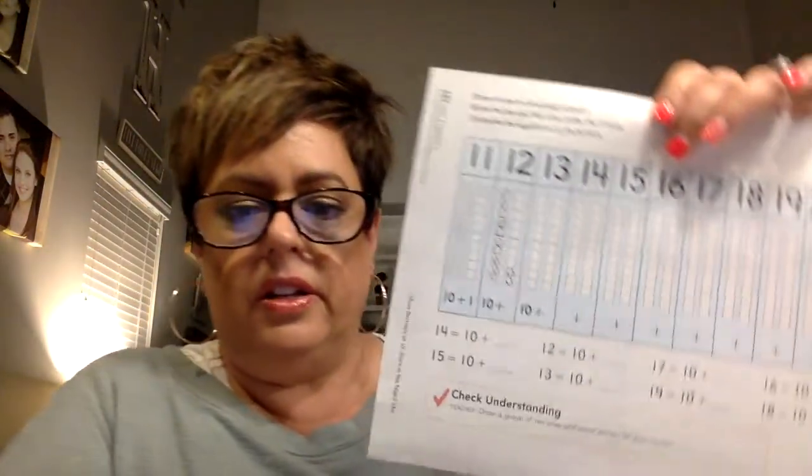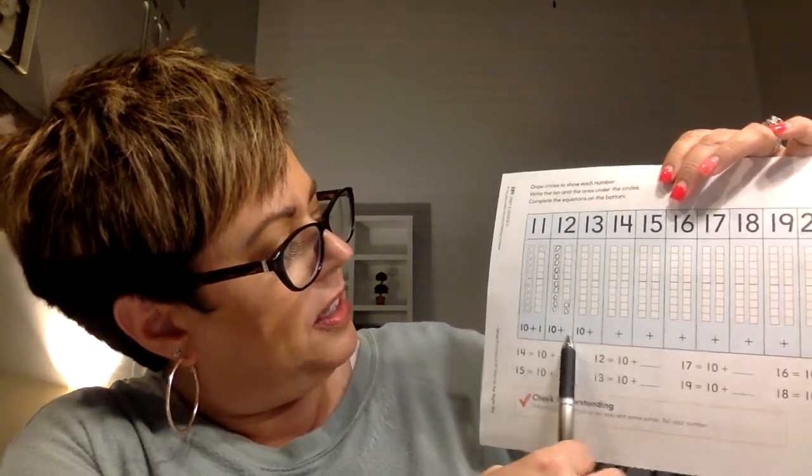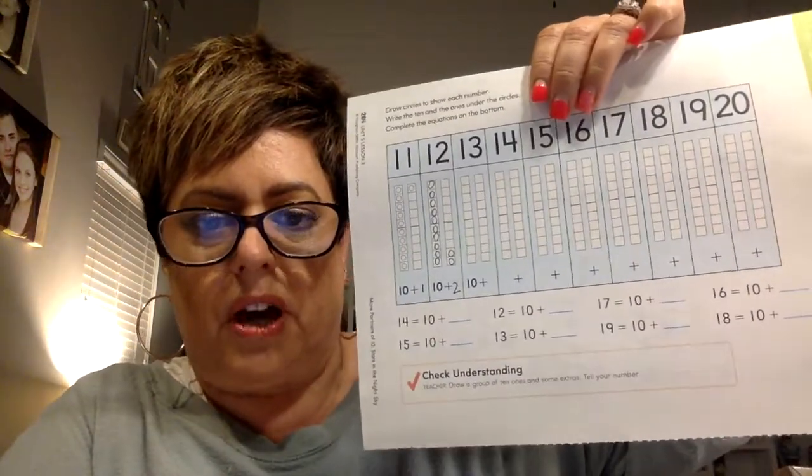Mrs. Hoffman usually likes you to start at the bottom, but this picture shows you starting your other ones at the top, so you can choose. So we know that 10 plus 1 equals 11. 10 plus 2, we're going to write our number 2, equals 12. I want you to finish the rest of them.